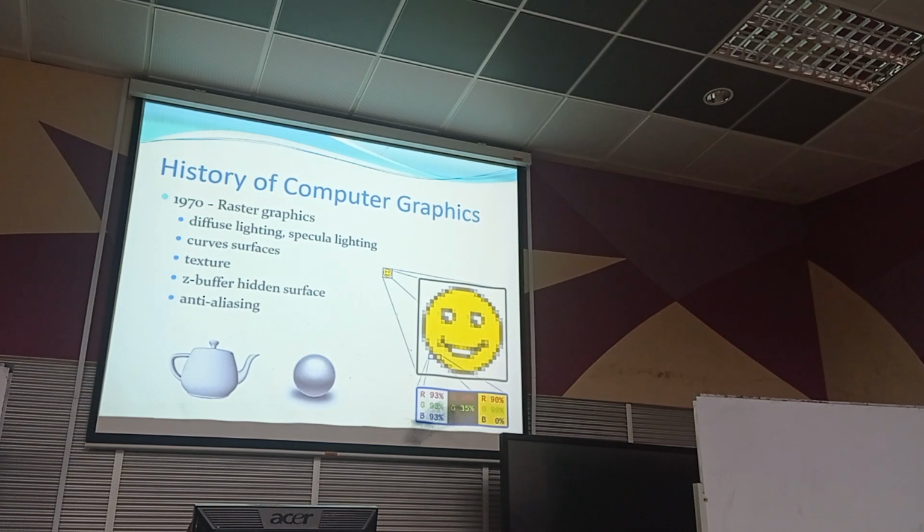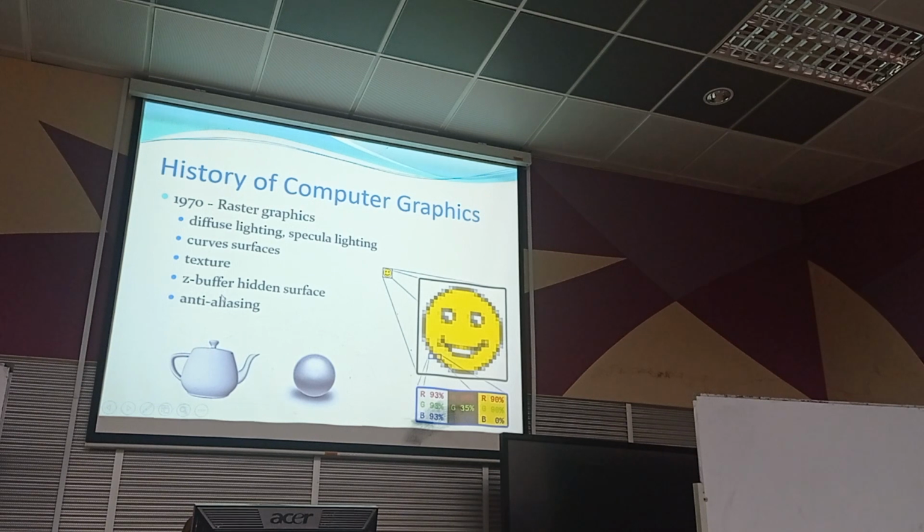Then we have this raster graphics, then we can add in lights. You see the sphere here, got lights here. This is brighter, darker. Then we have surfaces, curve, round, textures.